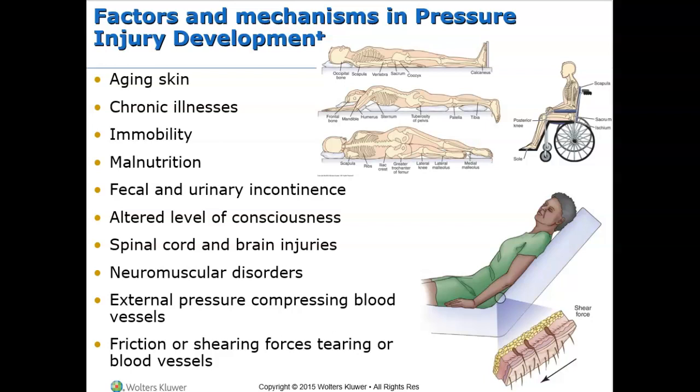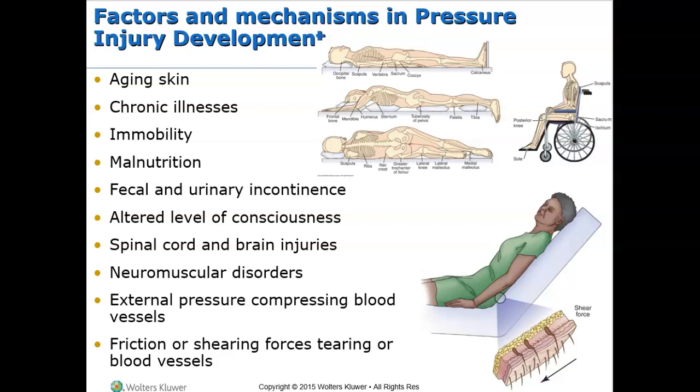Poor nutrition or dehydration can weaken the skin and lead to pressure injuries. Adequate intake of calories, protein, vitamin C, and zinc, I would probably know those 4 things, is necessary to prevent pressure ulcers and promote healing of injured tissue.